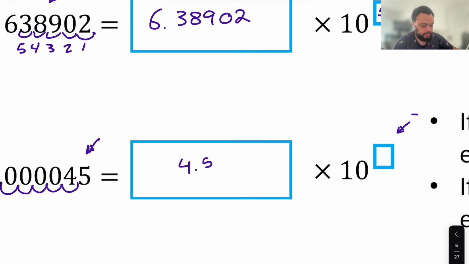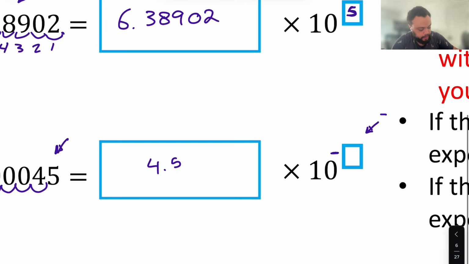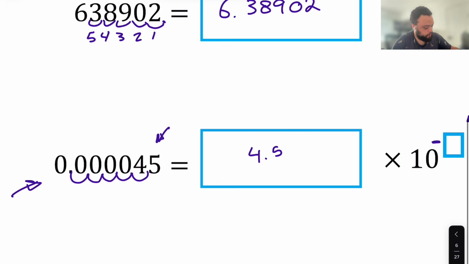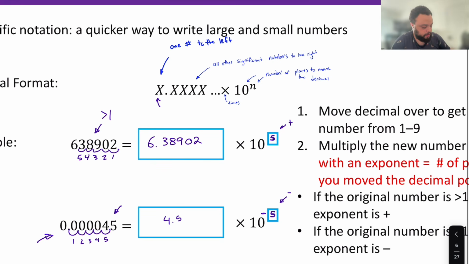The four is on the left of the decimal place, the five is on the right. We know this number is going to be negative, so I'm going to put a negative out here. And we know that we had to move it one, two, three, four, five places in order to do that. So that's going to be a negative five right there. And so our answer for that is negative five.